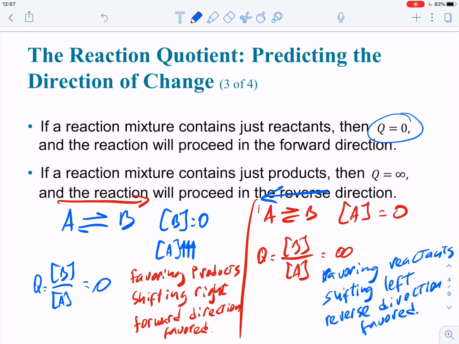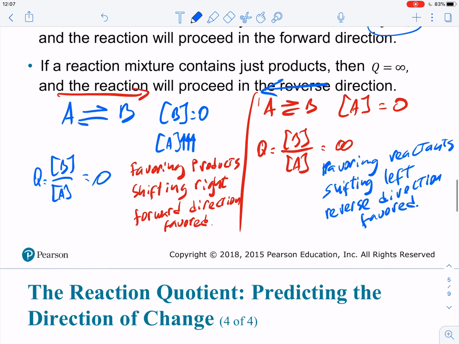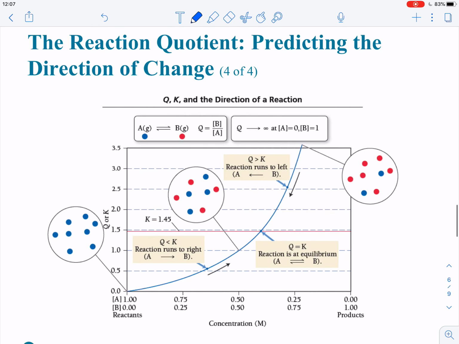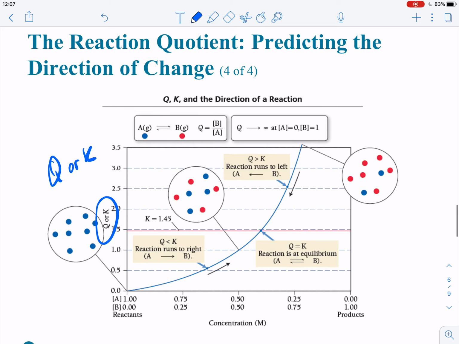Okay, so those are the simple cases when you are comparing the value of Q with the value of K. If we want to see this in a graphical view, remember here we have Q or K. More specifically, this red line, that is the value of K. So that equilibrium will move up to having concentrations that obey that equilibrium constant.